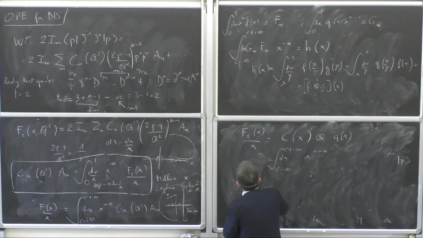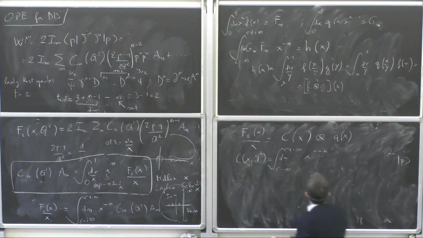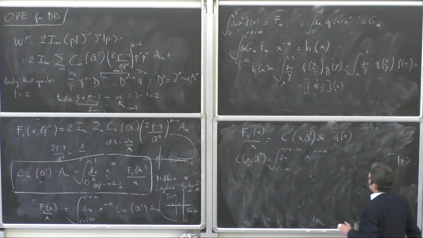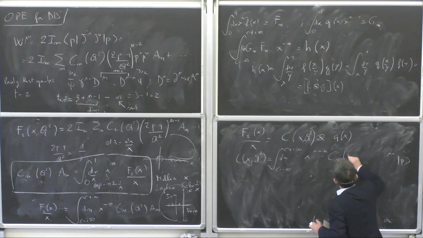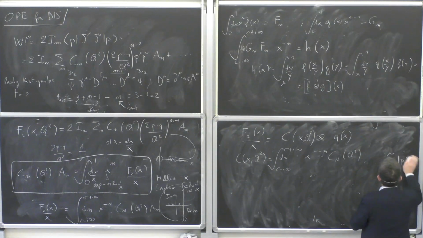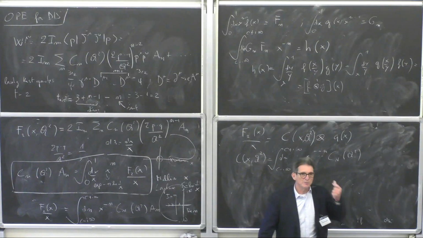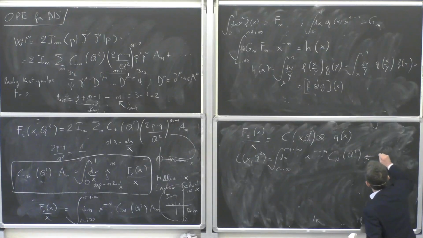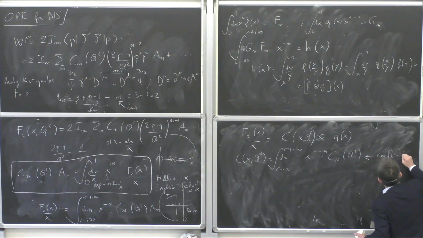I should really write C of x and q squared, because my Cn's were functions of q squared, right? So this is really C of x and q squared, Cn of q squared. And this guy, the guy whose Mellin moments are the Wilson coefficients for leading twist operators, is called a coefficient function.